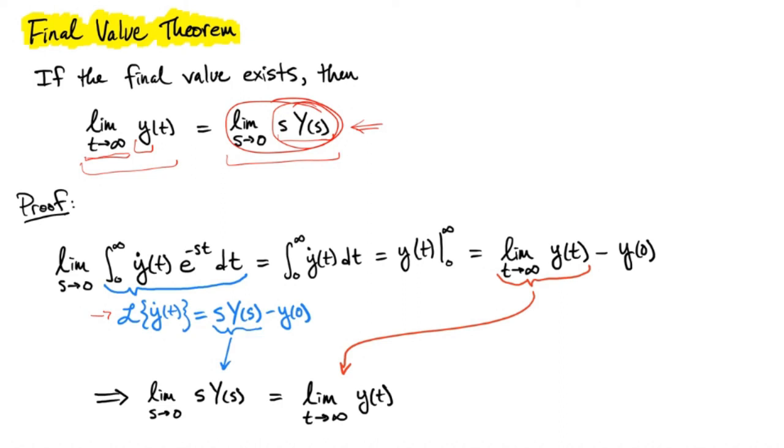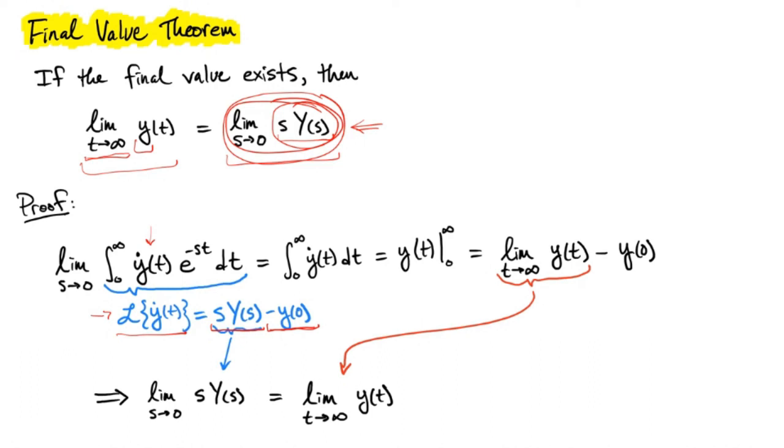So the Laplace transform of little y dot, just from our past experience, is s times the Laplace transform of y minus the initial condition on little y. So that is essentially what's up here, but then we're also adding this minus y of 0. If we rewrite what this Laplace transform is, we just insert y dot into this expression.